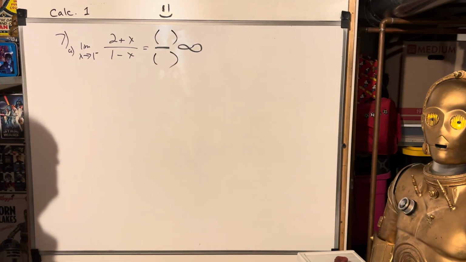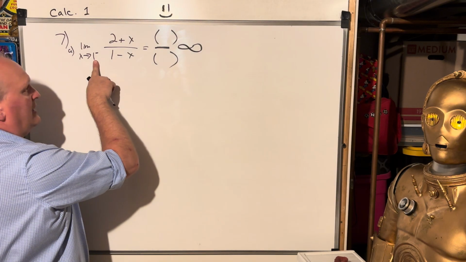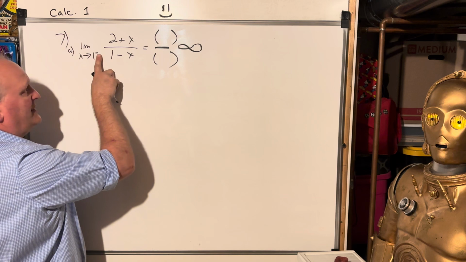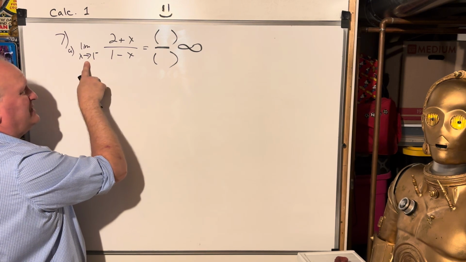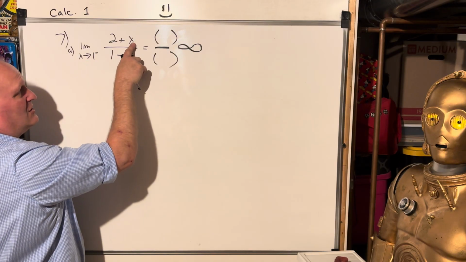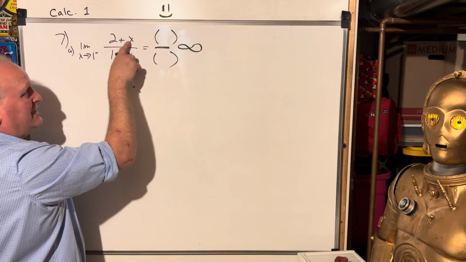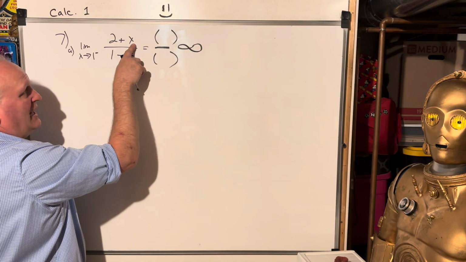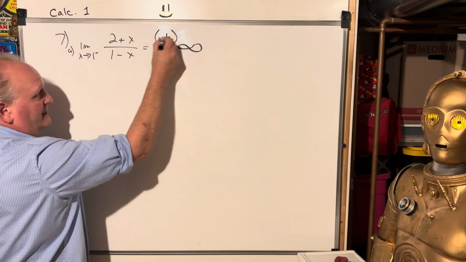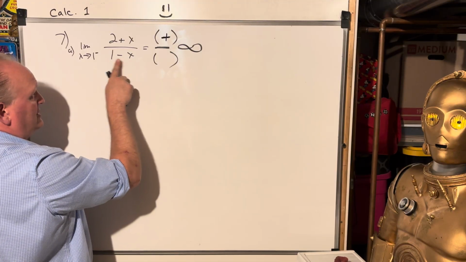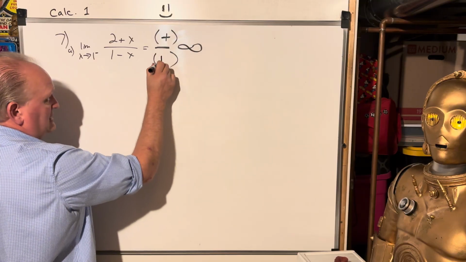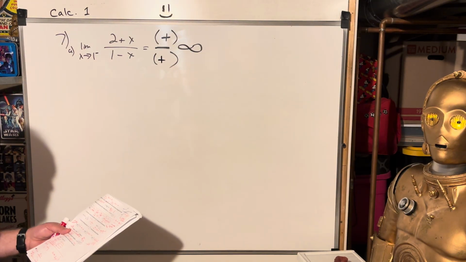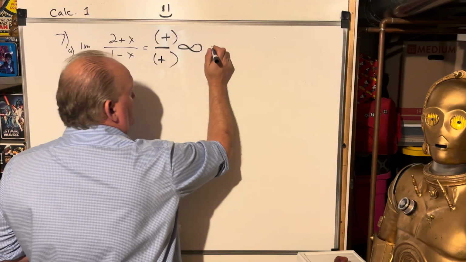You don't have to show physical numbers, but in your brain you'd say, okay, if it's approaching 1 from the negative side, that would be like 0.9, 0.99, 0.999. So on the top, 2 plus 0.9 is 2.9, that's positive. As I approach, 0.9, 0.99, that's going to be positive also. And so that would be positive infinity.